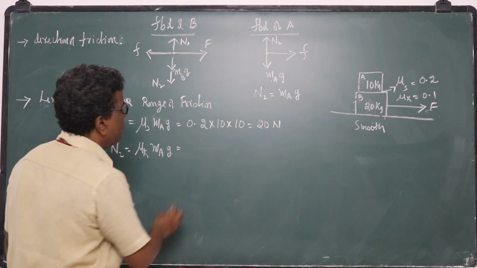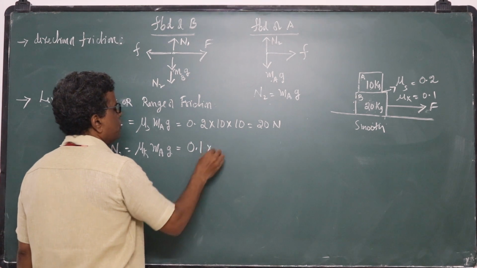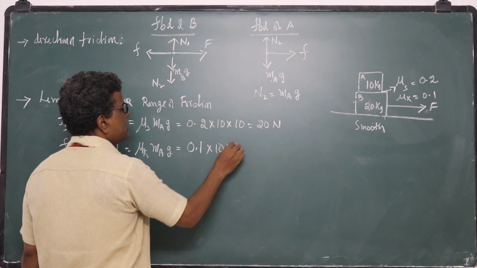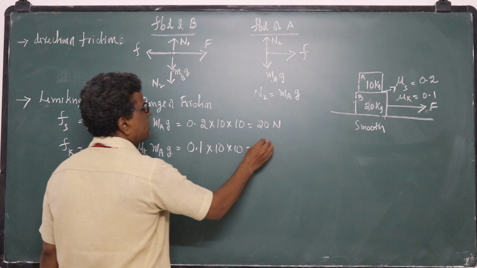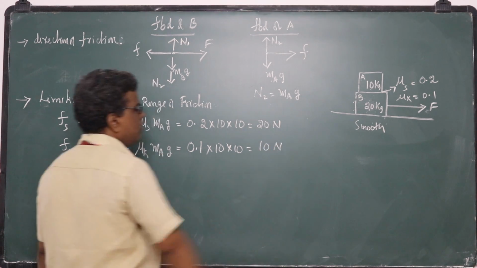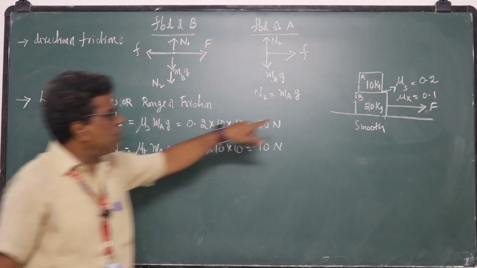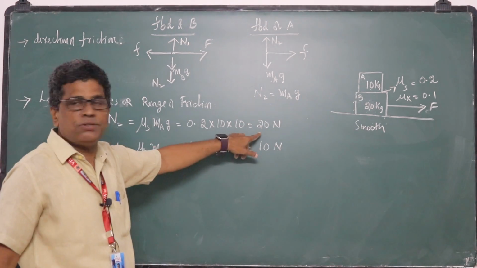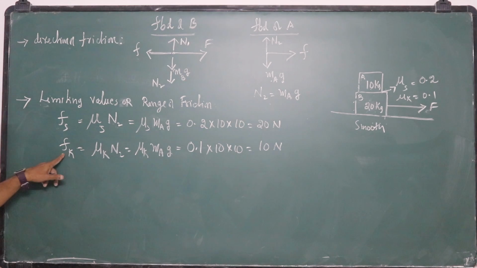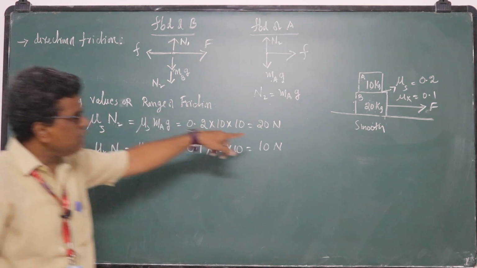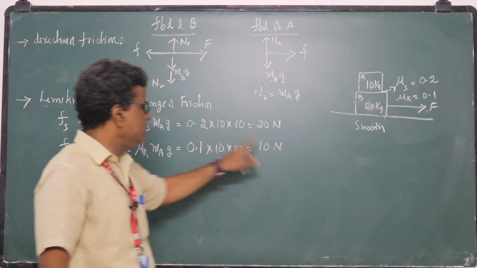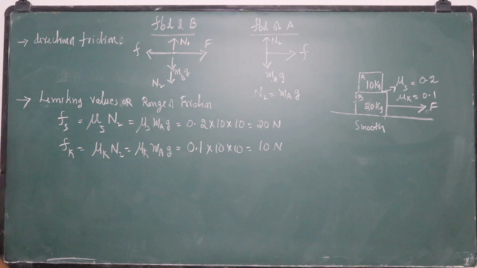What is mu k? 0.1 into 10 into 10, so this is 10 newtons. So the static frictional force between blocks A and B is 20 newtons, and the kinetic friction between A and B is 10 newtons. These are the limiting values of the range of frictional forces.